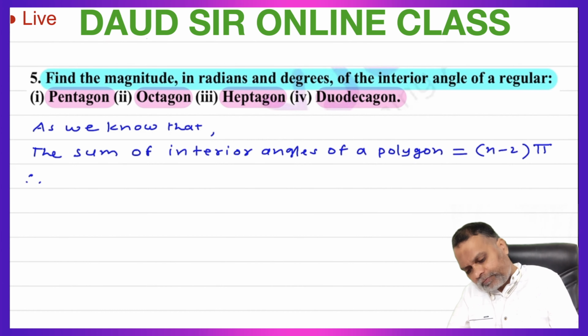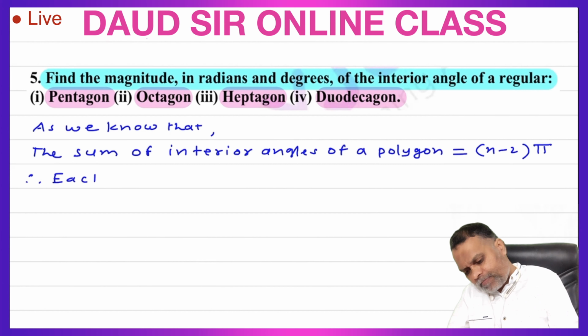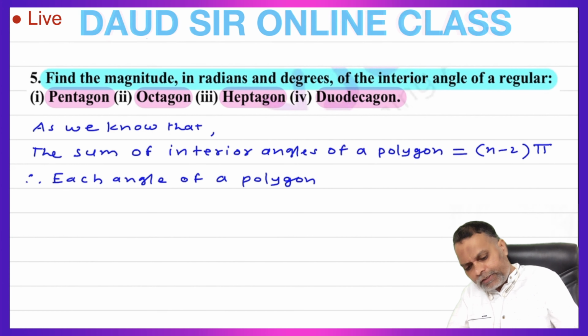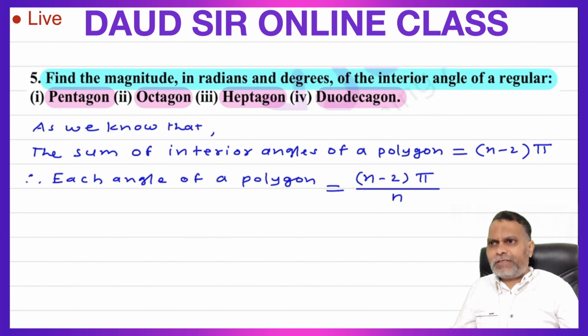Therefore each angle of a polygon is equal to this divided by the number of sides: (n minus 2) into pi upon n. n is the number of sides.